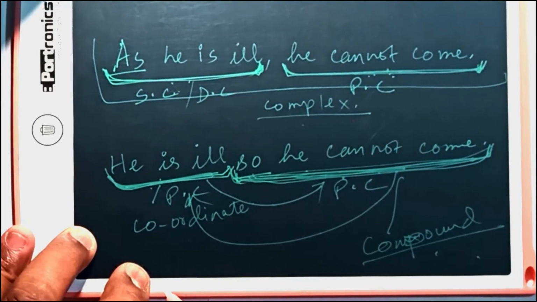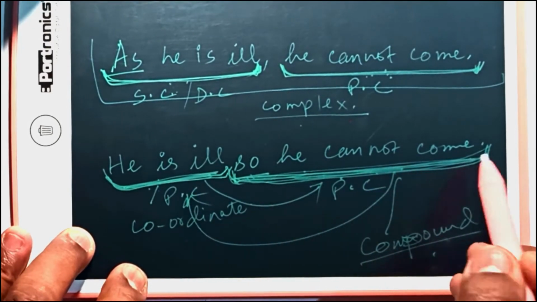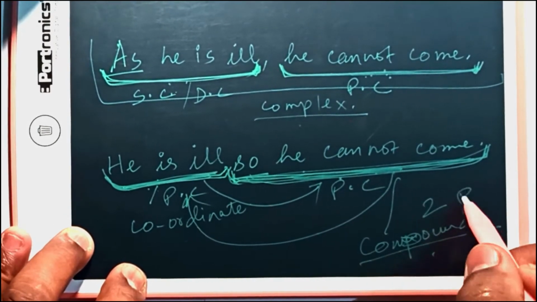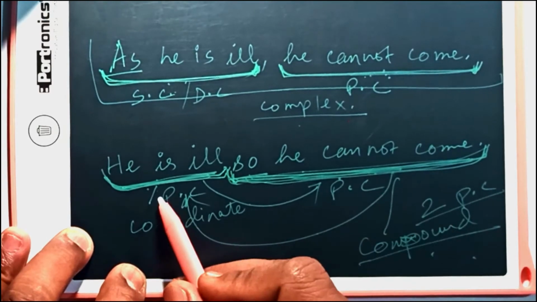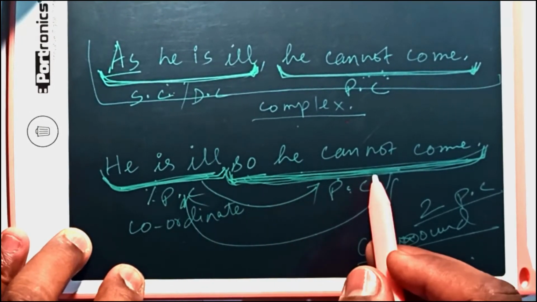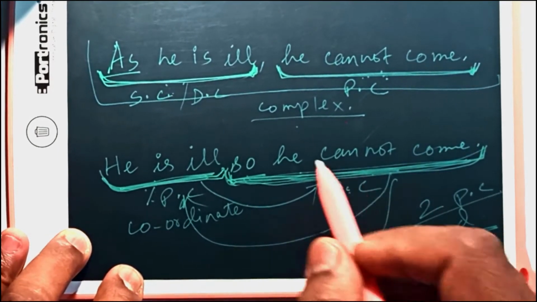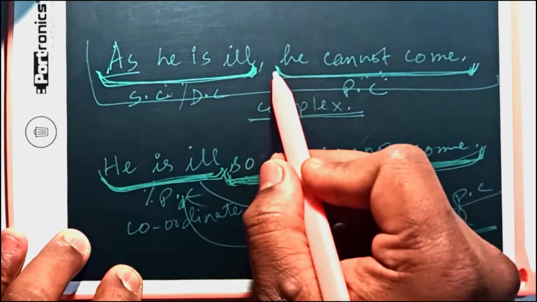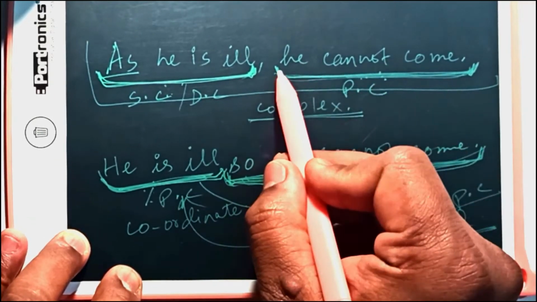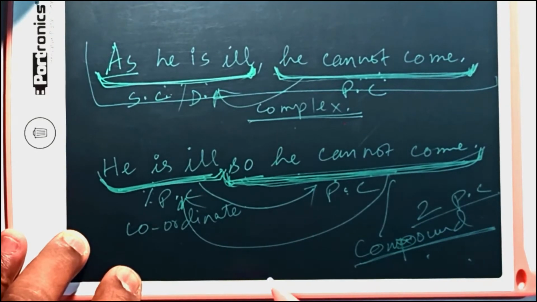That means the rule is we must have a minimum of two principal clauses. So we have one principal clause, two principal clauses here, and that's why it's forming a compound sentence. In a complex sentence, we must have a minimum of one principal clause with one or more subordinate clauses.